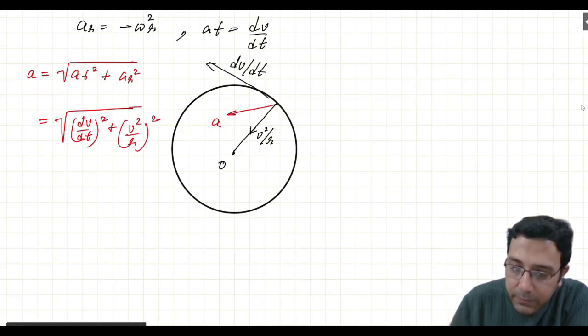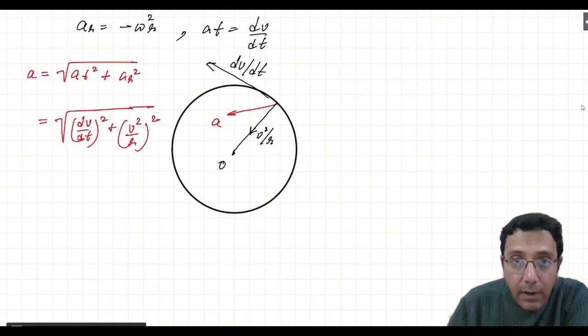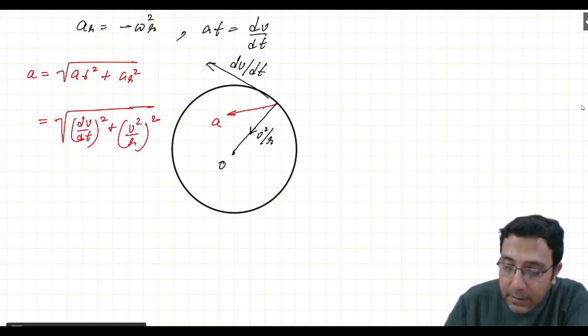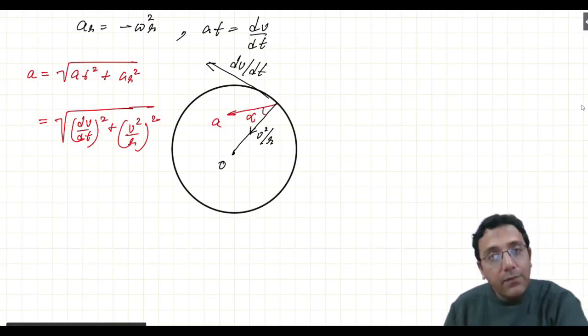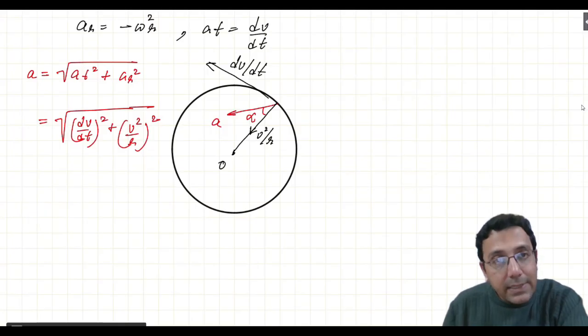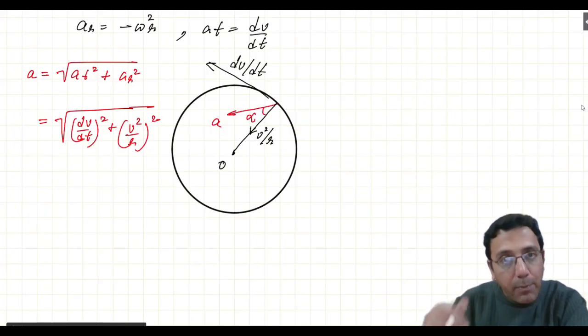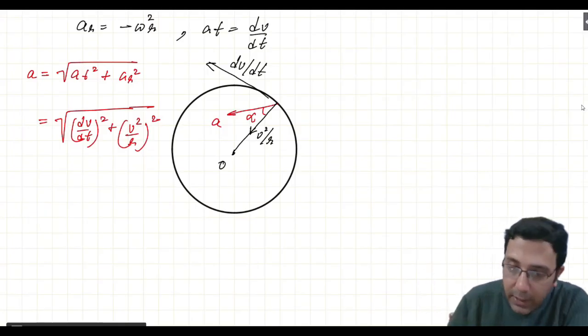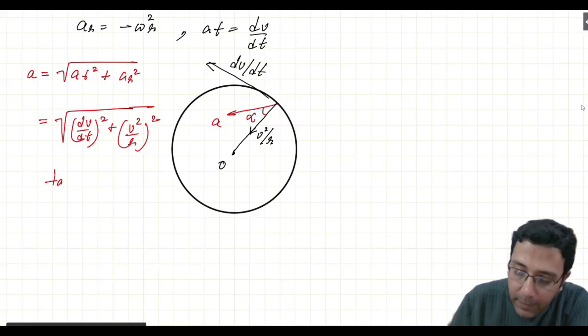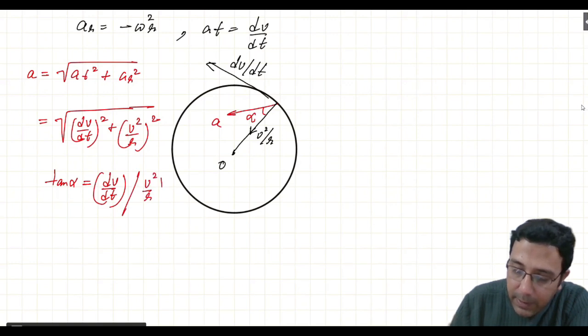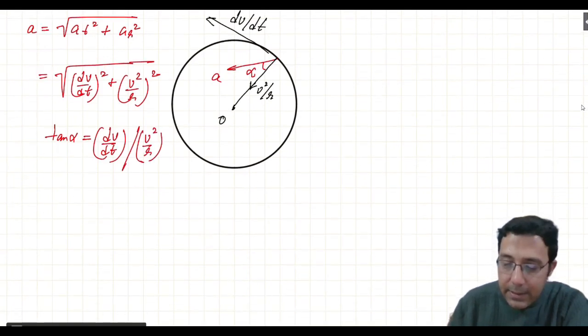Alpha is the angle of the resultant acceleration with the radial component. So tan alpha is written as dv by dt divided by v square by r.